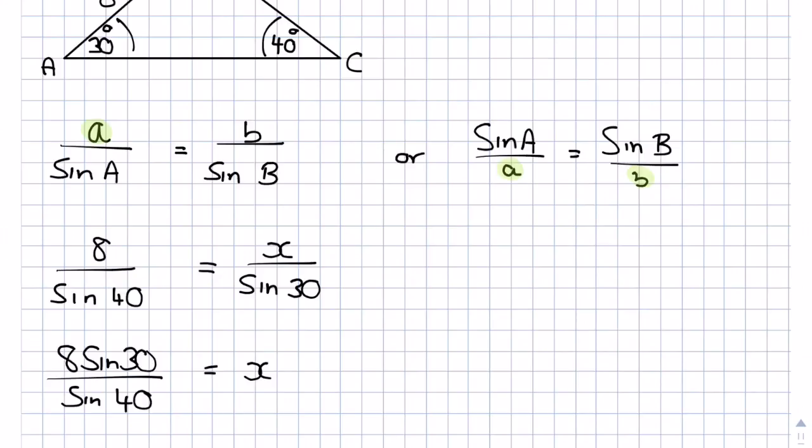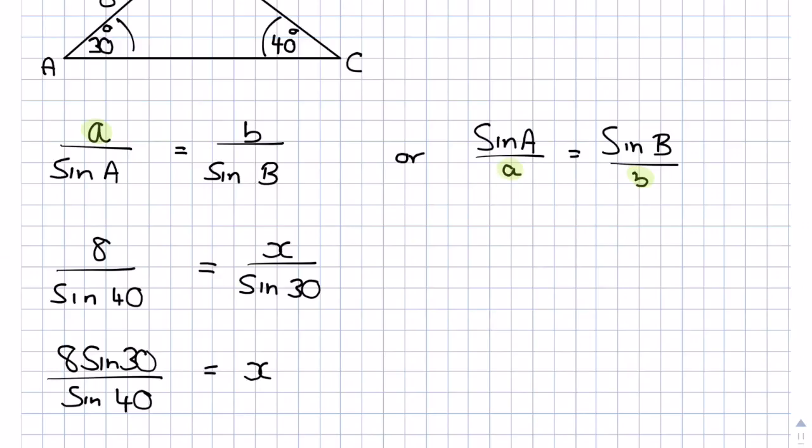And if we just do that out in our calculator, and make sure your calculator is in degrees for this because our angles are in degrees, we're going to have x is equal to 6.22 centimeters. So in other words, BC is 6.22 centimeters.